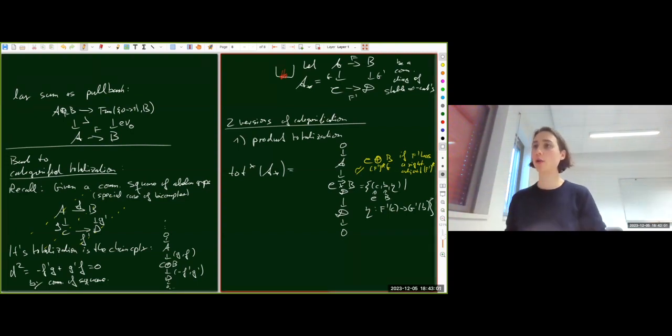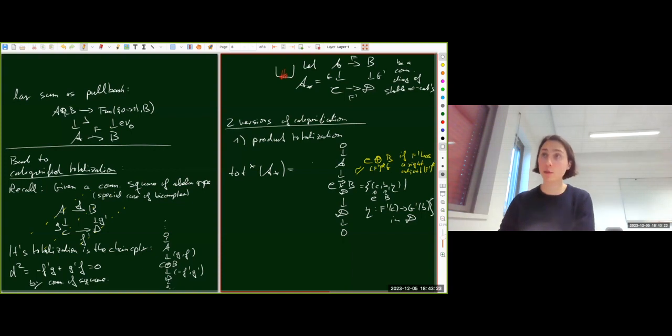We're adjoining a morphism not from C to B, but a morphism in D between the images of C and B. That will again give you a stable infinity category, and this is what we put in the product totalization.